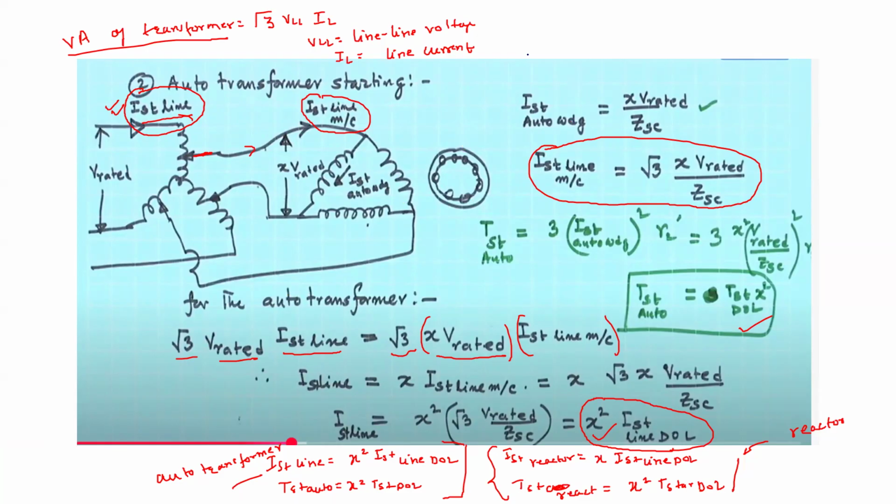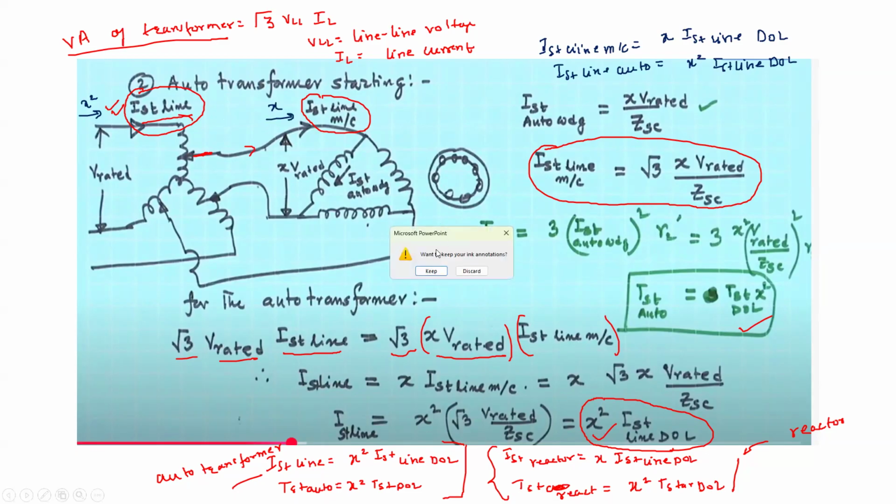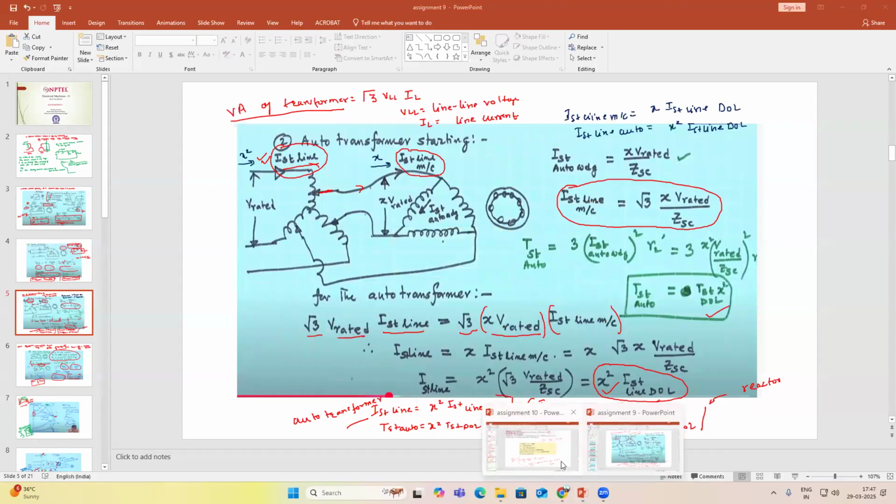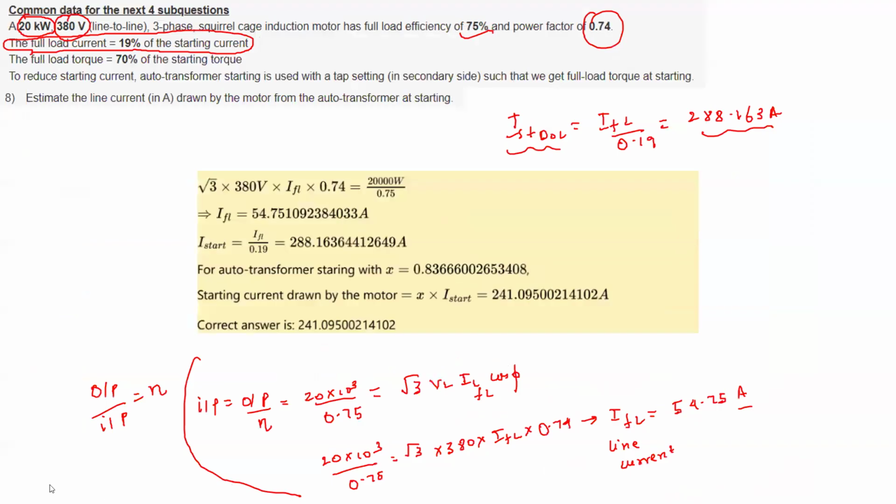In this whole discussion, if you go back, you will see that I starting line current machine is x times I starting line current DOL, and I starting line current auto transformer is x square times I starting line current DOL. So the line current drawn here is x square times, but there the line current drawn is x times. Okay, I'm writing these things there also again. Coming to this question.